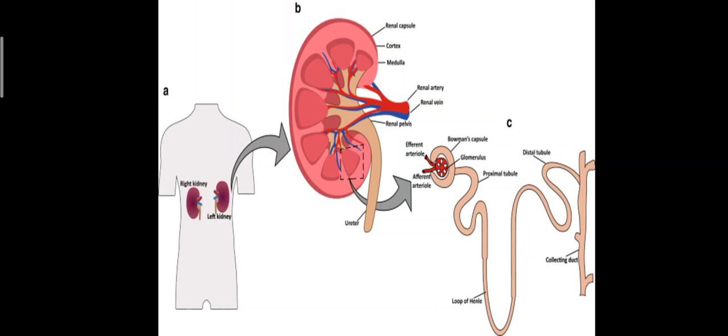So next we can go through reabsorption. As the glomerular filtrate enters the renal tubule, it flows sequentially through successive parts of the tubule: the proximal convoluted tubule, the loop of Henle, the distal convoluted tubule, the collecting tubule, and finally the collecting duct before it is excreted as urine.